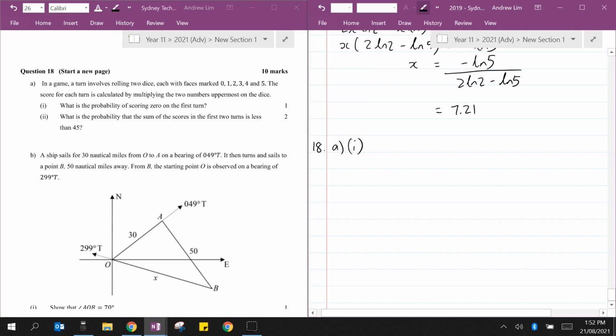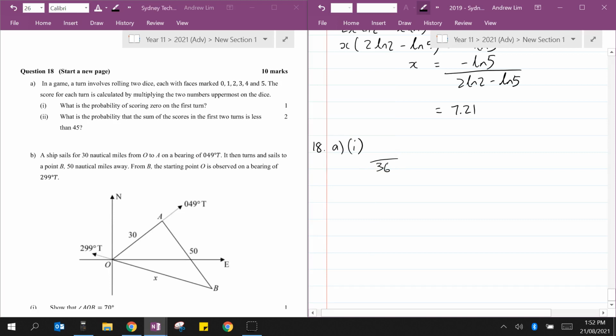Okay, so in order to score 0, at least one of the dice must be 0. There's 36 different outcomes.